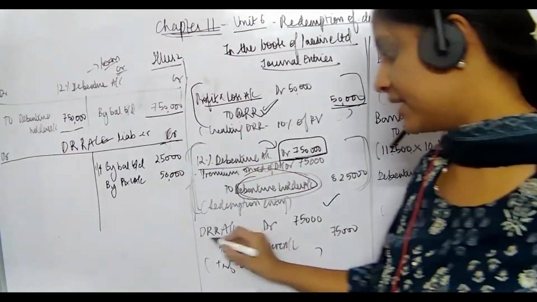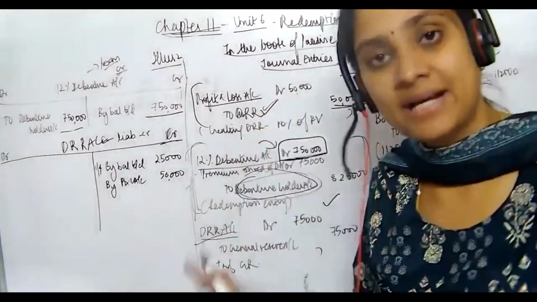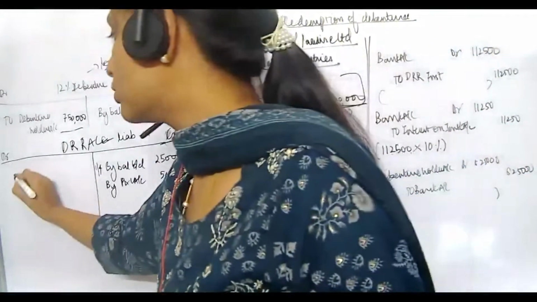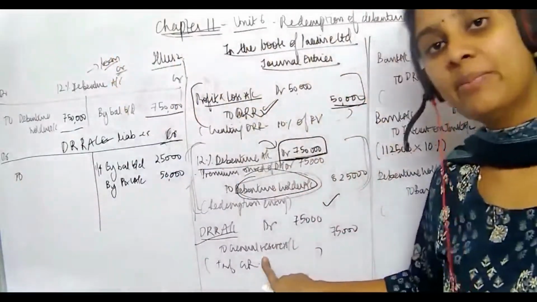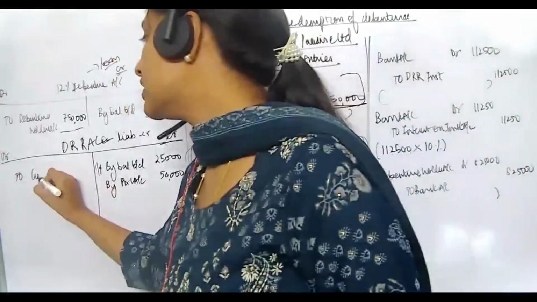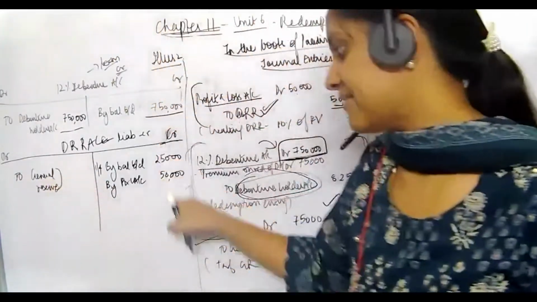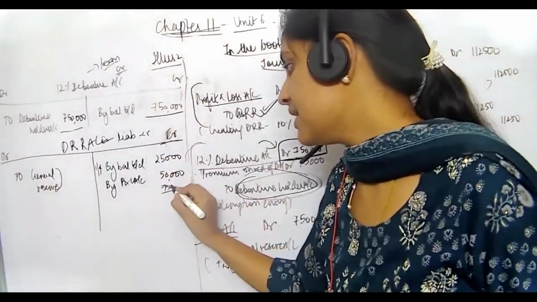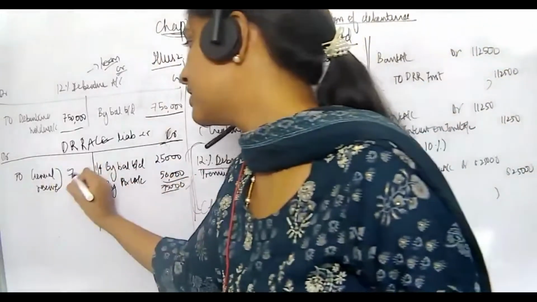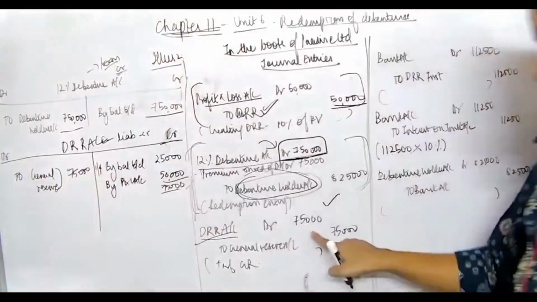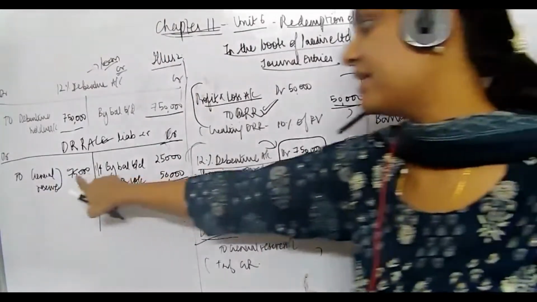What is this entry? DRR is getting debited. When you get a debit, go to the debit side. Which account are you debiting and taking the value? To the general reserve. So the 75,000 rupees is now getting transferred here, because in the entry, please see, you have written 75,000, no? So 75,000.